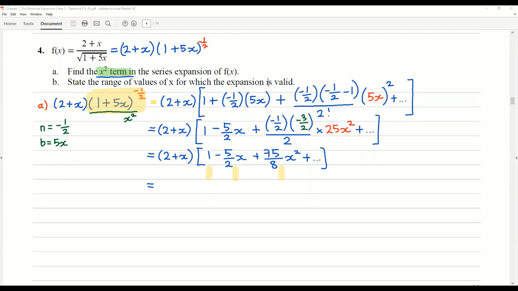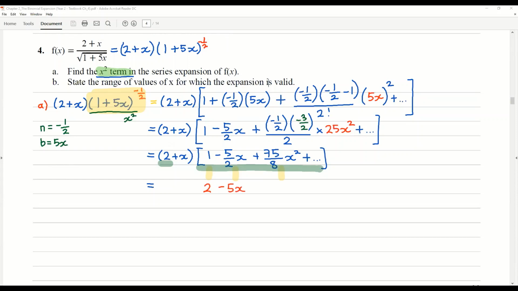So when I multiply this out, which I'm going to do now, I'm going to start with the 2, and I'm going to multiply everything in here by 2. So that's the first step. So this is going to be my constant. So we're going to have 2. Then 2 lots of this is going to be negative 5x.